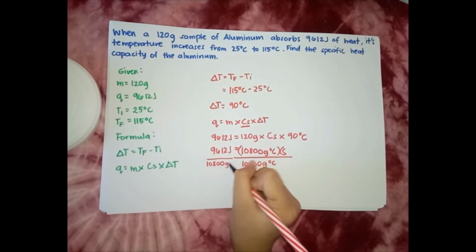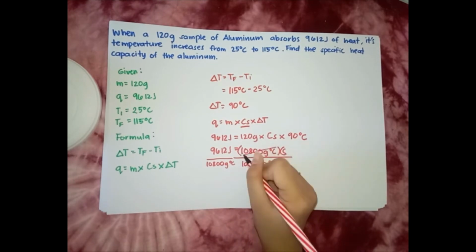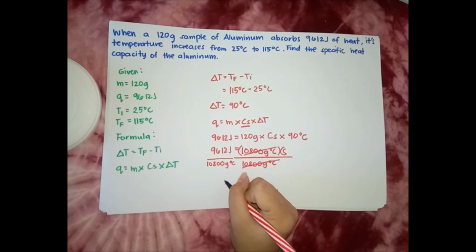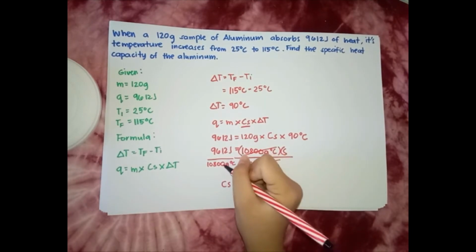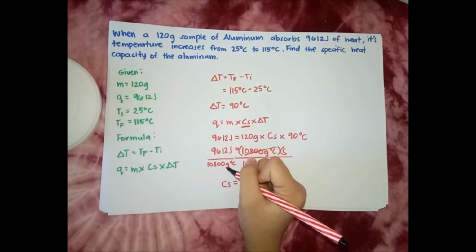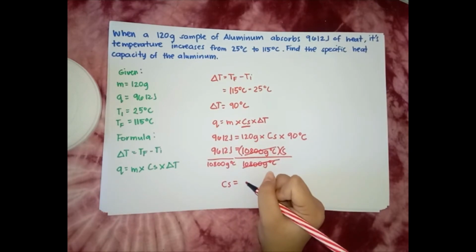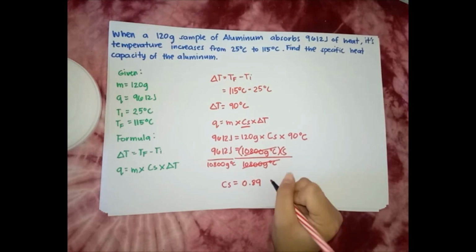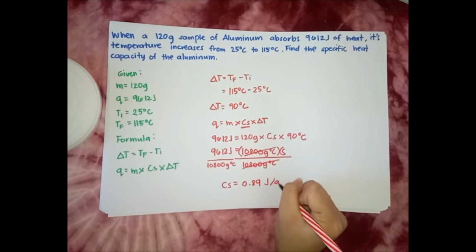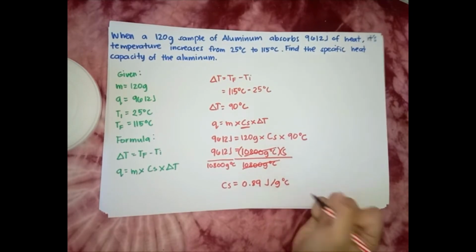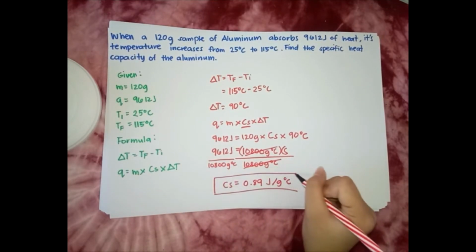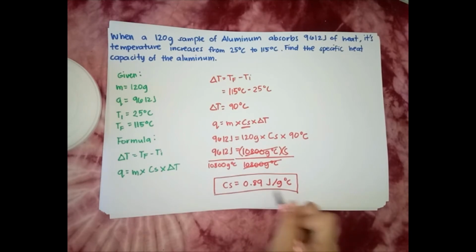Now we have specific heat, which is CS equals 9,612 joules divided by 10,800 grams degrees Celsius, and we have here 0.89 joules per gram per degree Celsius. And this is the specific heat capacity of the aluminum.